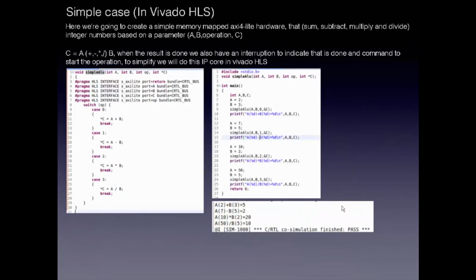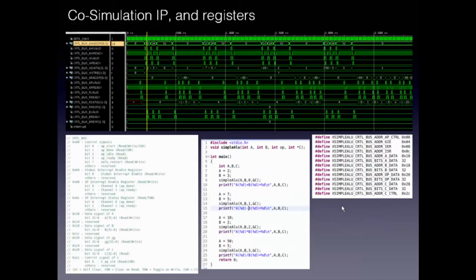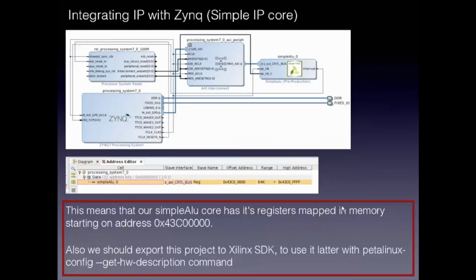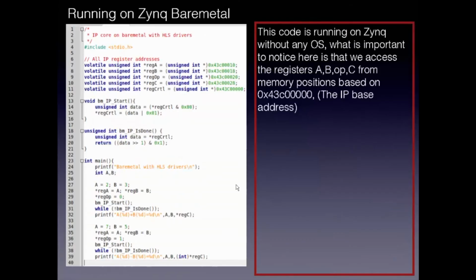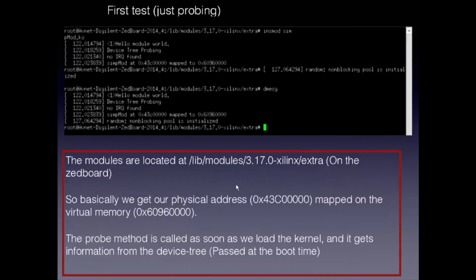Let me jump ahead, because this is just defining the IP core that we created, this simple ALU. Here is again its physical address, and here will be the result after everything is done.